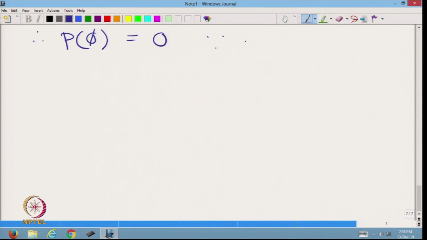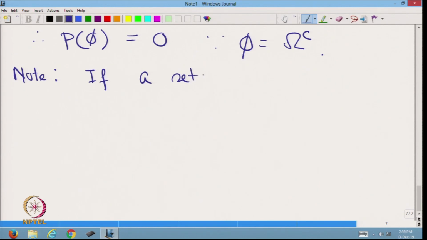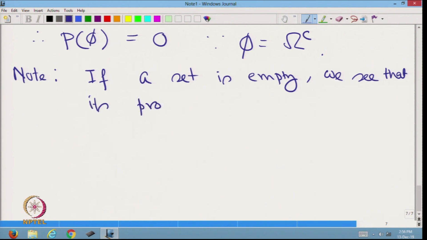since phi is equal to omega complement. Now, note, if a set is empty, we see that its probability is 0. Question: is the converse true?